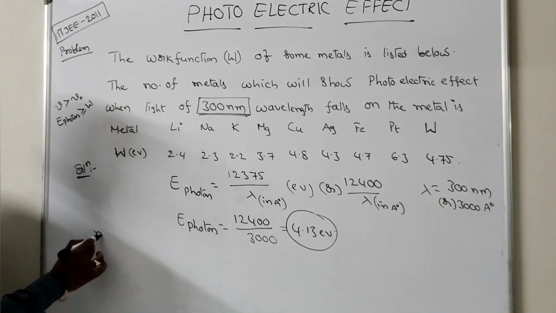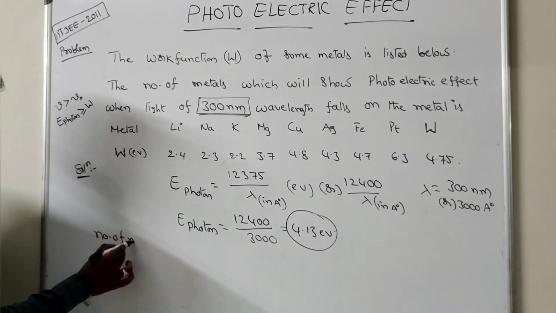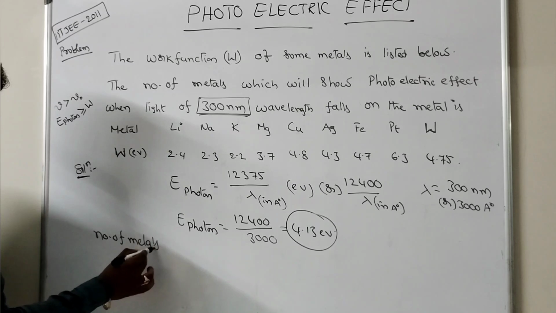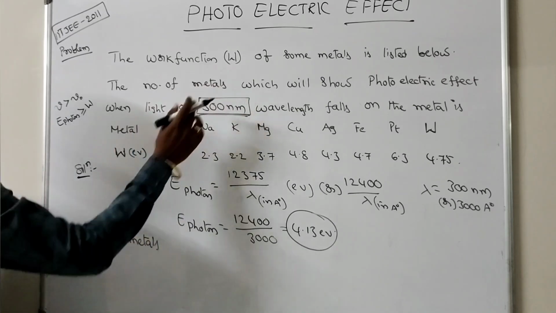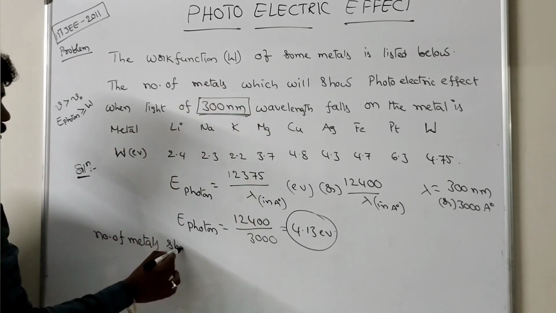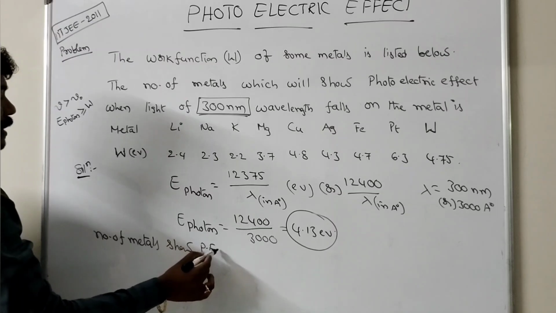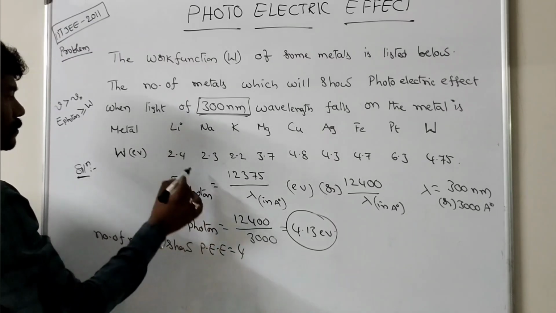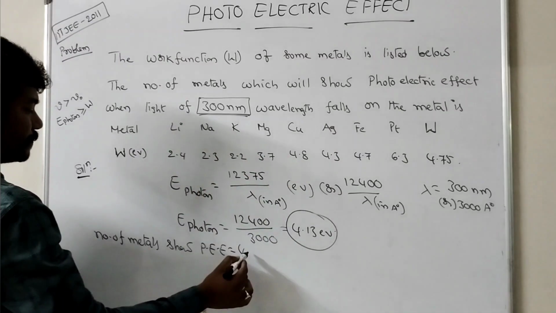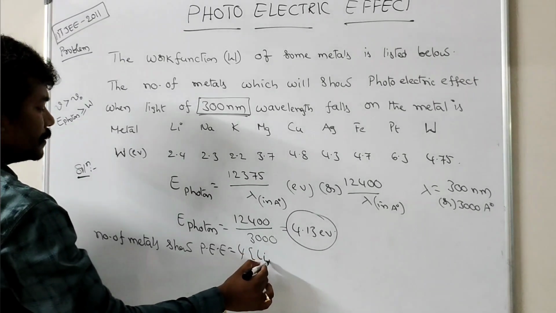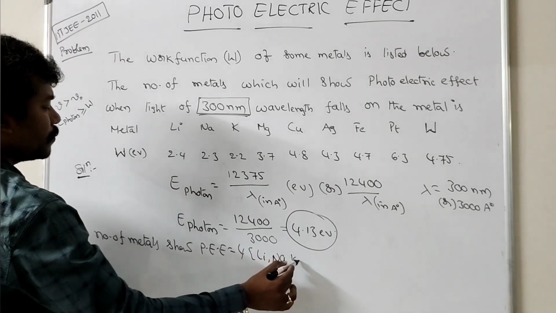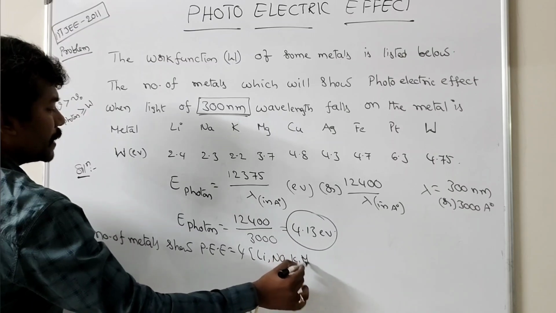So the number of metals that show the photoelectric effect is equal to 4: lithium, sodium, potassium and magnesium.